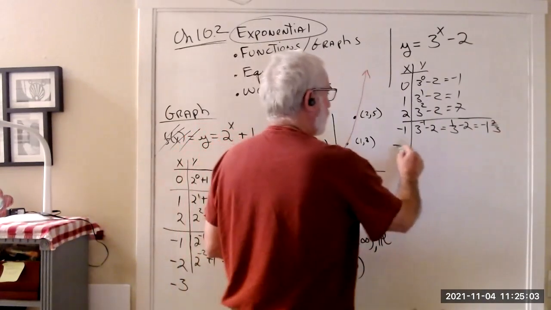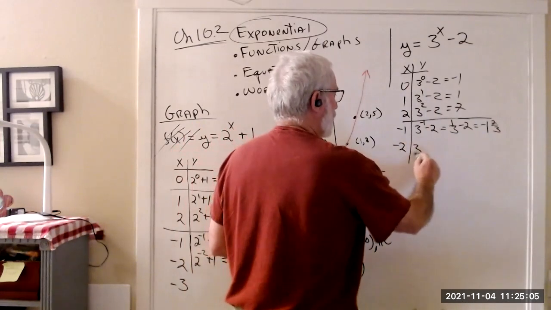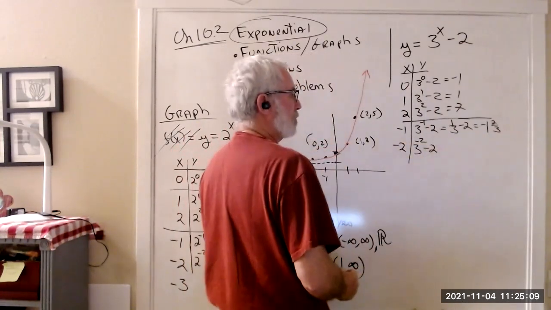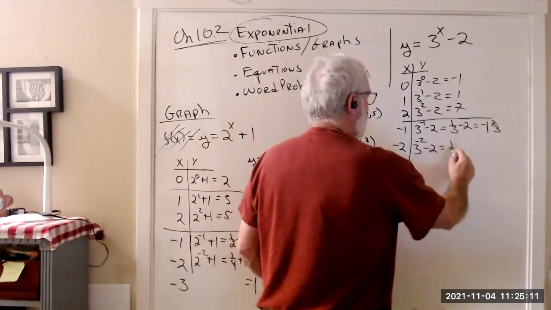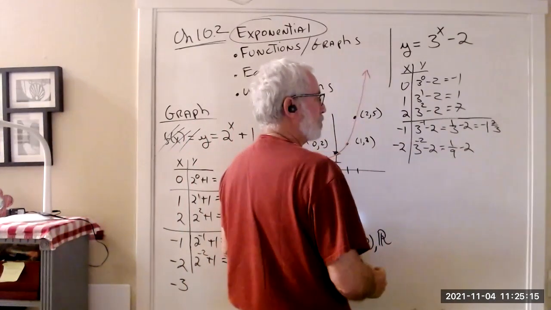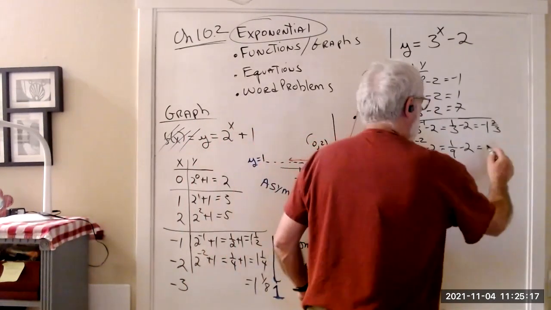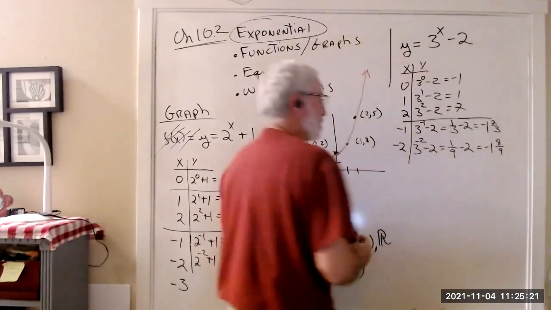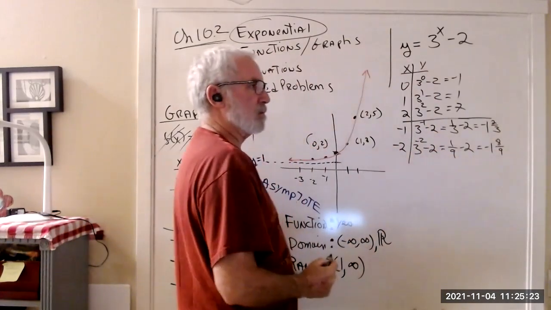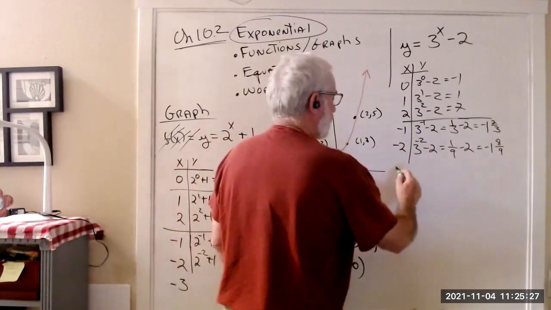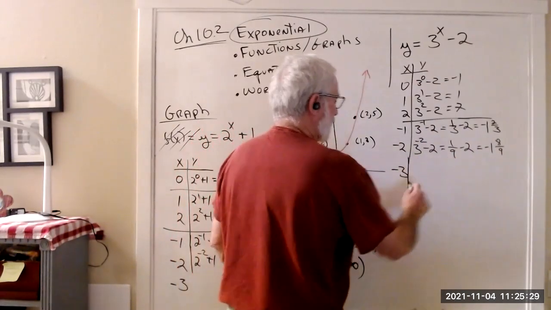When x is negative 2, this is 3 to the negative 2 minus 2. This is 1/9 minus 2. So this is negative 1 8/9. If x is negative 3, I'm only going to do this last one.